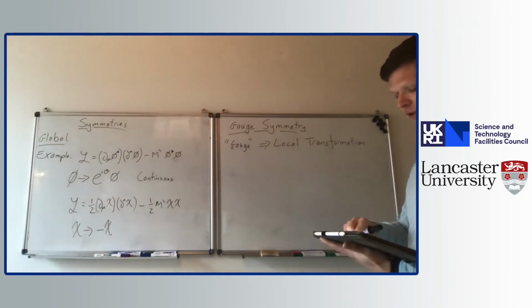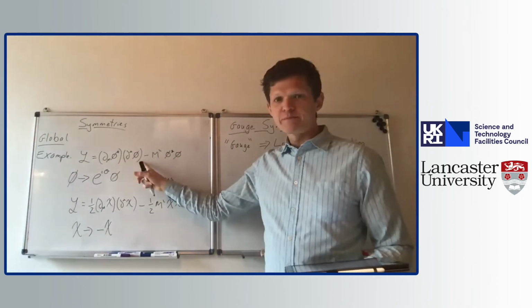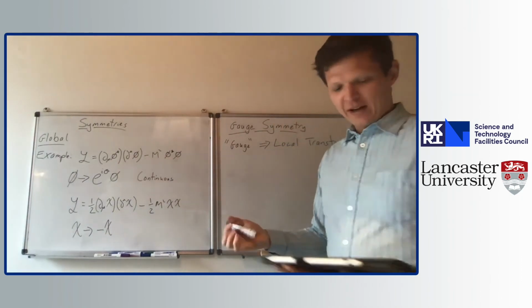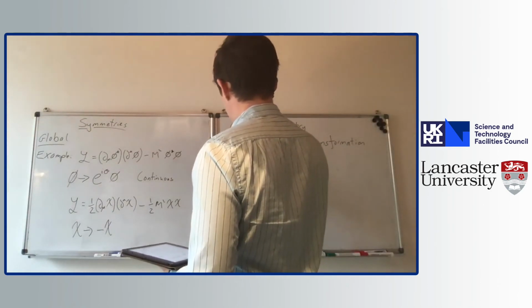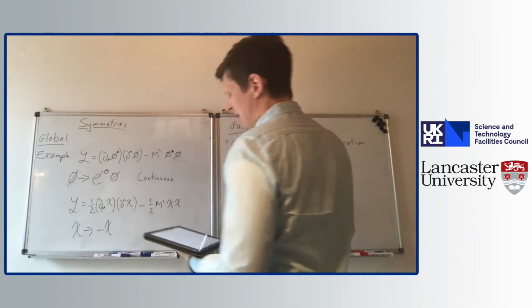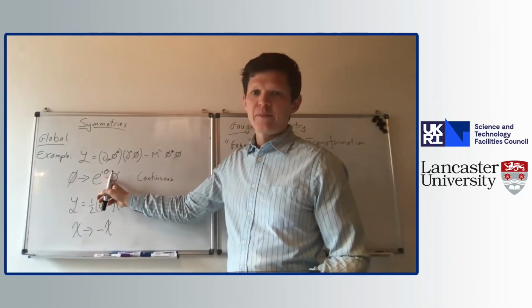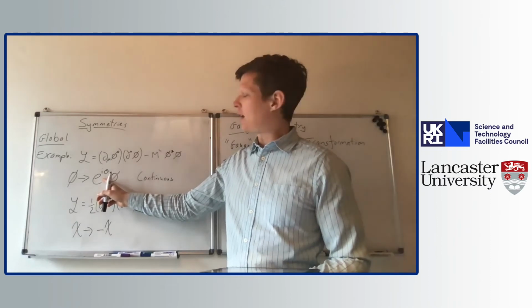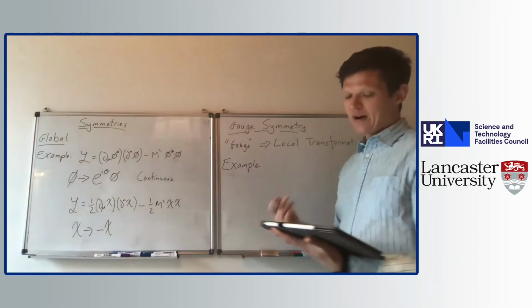So I'm going to stick with the jargon. So what would a local transformation look like? If we look at this theory here, and we stick with the same example, what would happen if instead of doing the same complex rotation at every space-time point, we do one that depends on where you are?